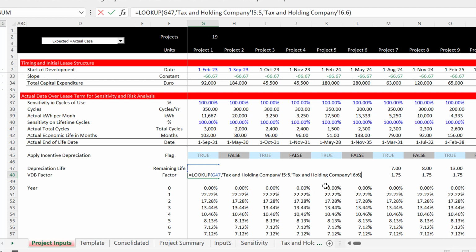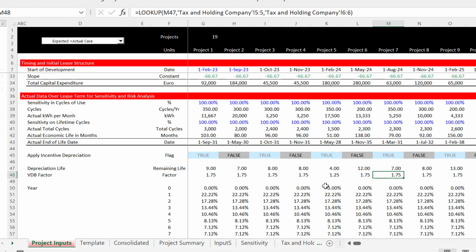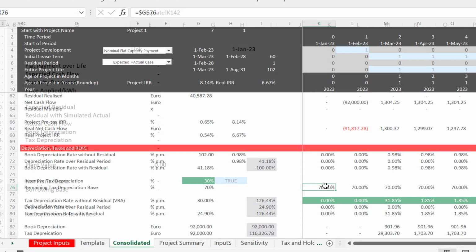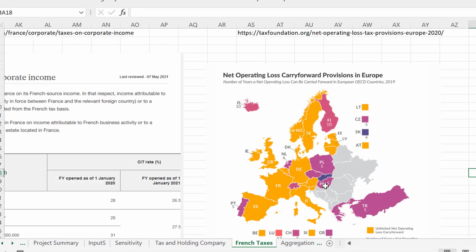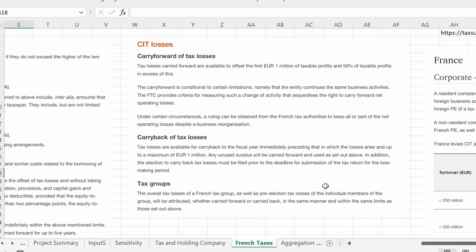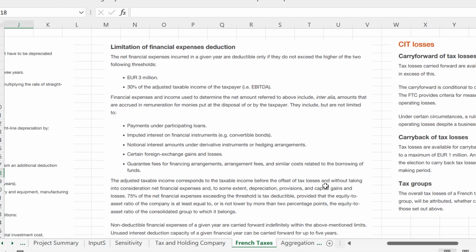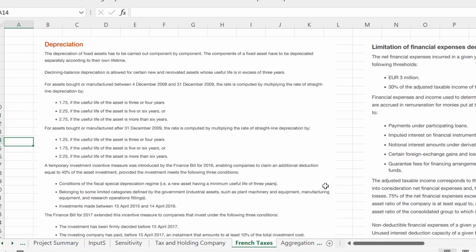In the French system, it seems we have a different starting point for our variable declining balance if we have a different life. It's either 1.75, it looks like, or 2. And if it's more than 6 years, it's 2.25. If it's 3 or 4 years.